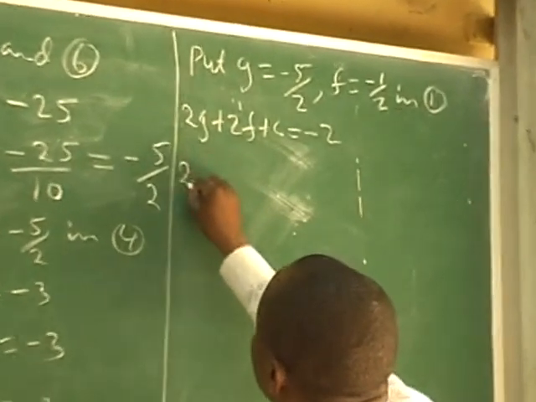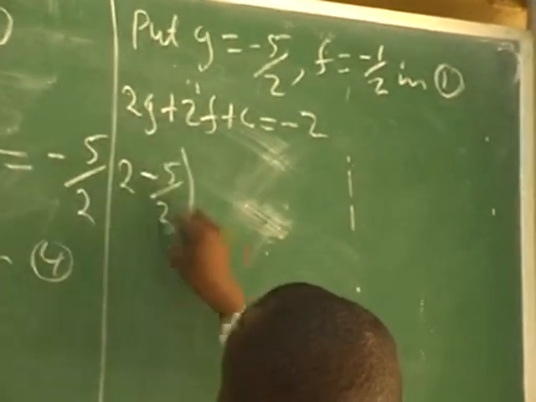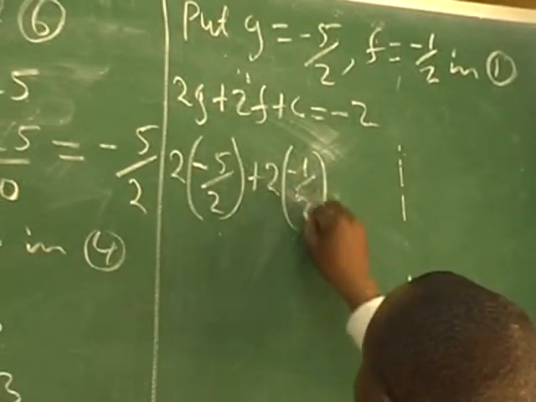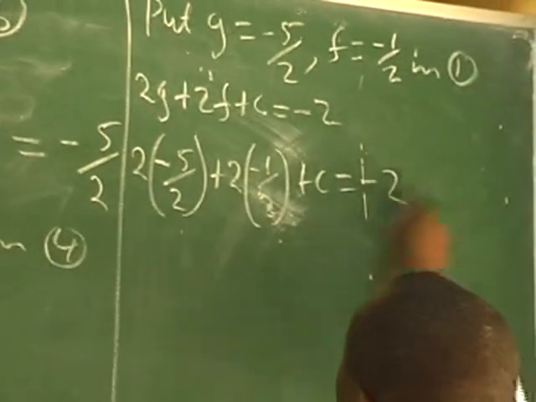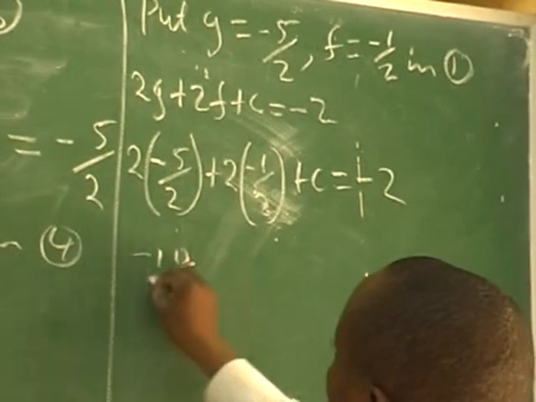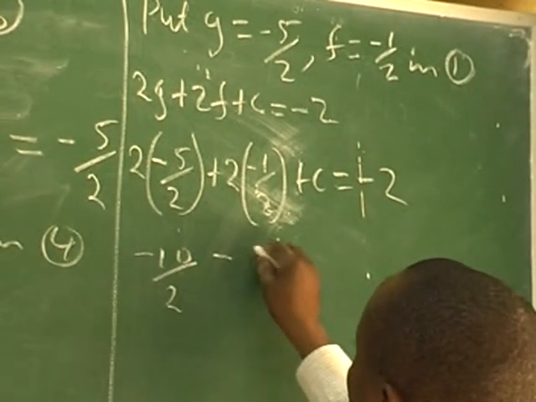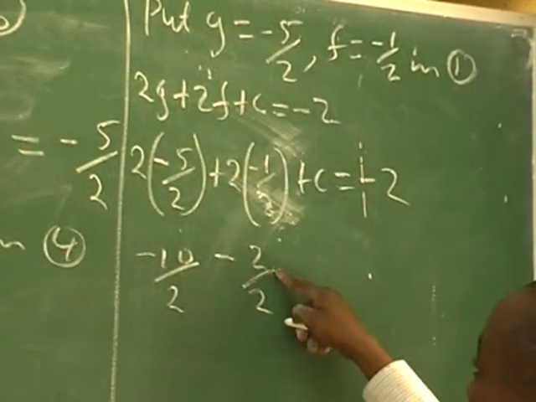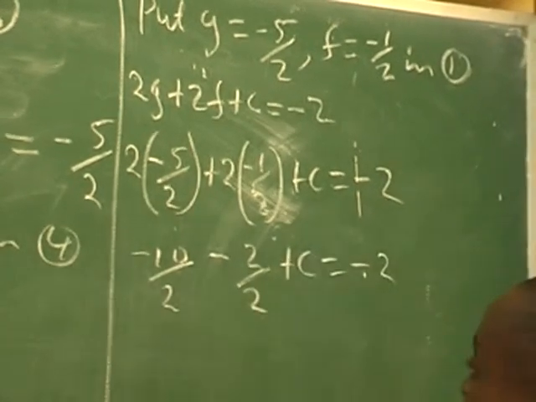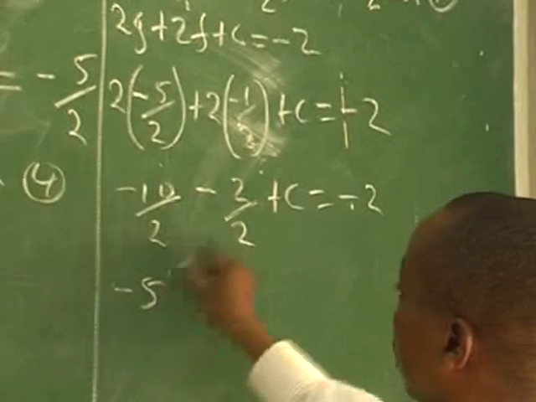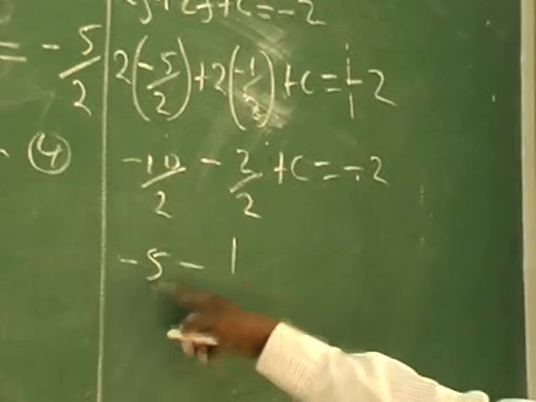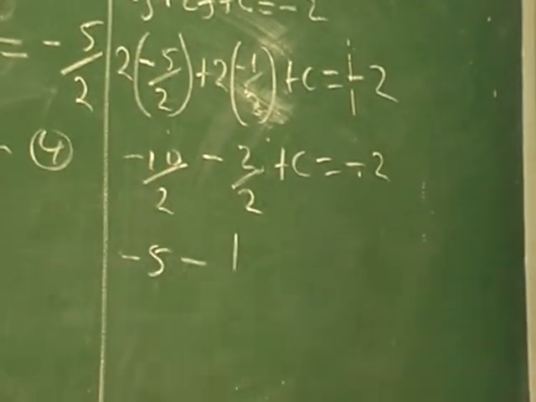So if we put that, we will now have 2 times minus 5 all over 2, that is in the place of g, plus 2 times minus 1 all over 2, that is in the place of f, plus c will be equal to minus 2. So this is minus 10 all over 2 minus 2 all over 2 plus c is equal to minus 2. So this one is what? Minus 5. And this one is what? Minus 1. Yes. Minus 10 all over 2 gives us minus 5. Minus 2 all over 2 gives us minus 1.